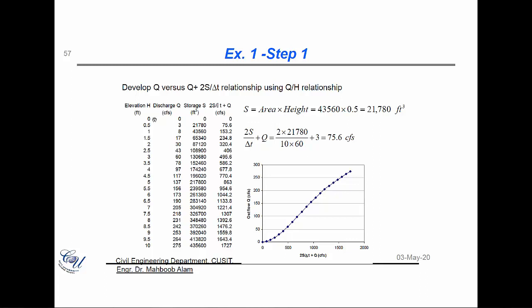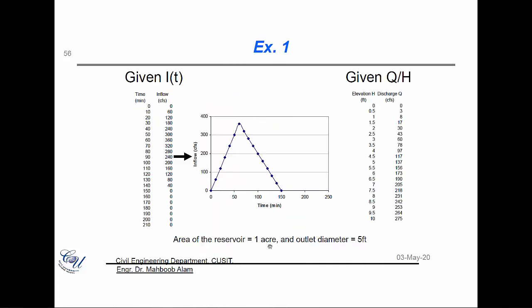So height is coming with me from this first column, this one, and the area is given in the question, which is equal to 1 acre. So for every change in elevation, I'll multiply 1 acre with this elevation, and I'll get the storage.